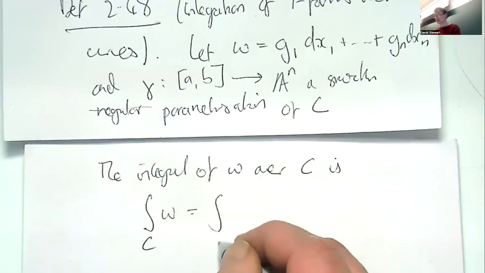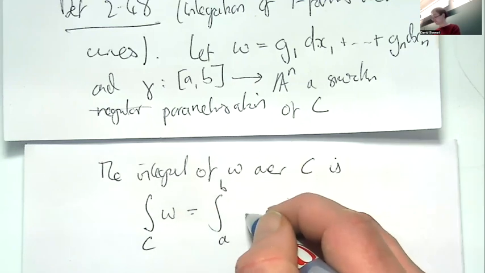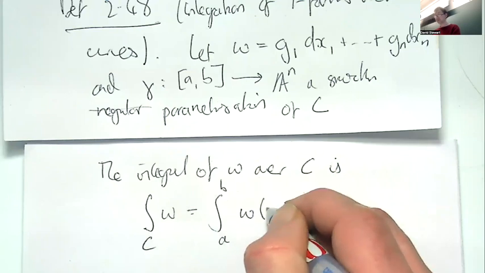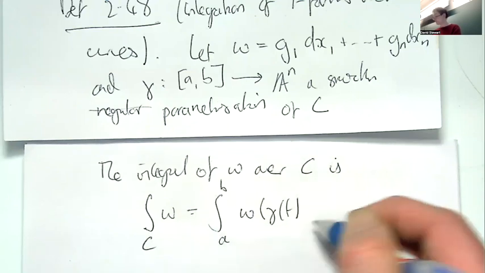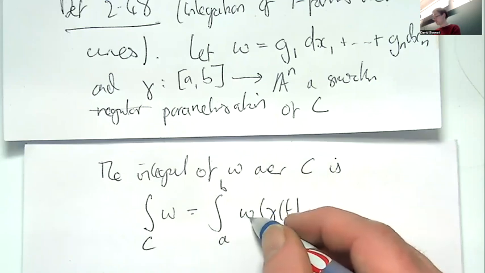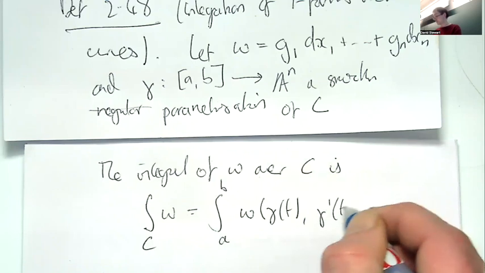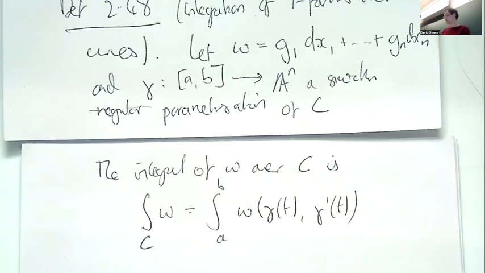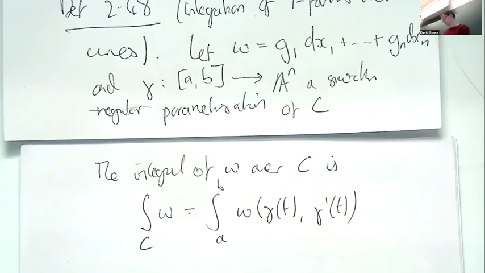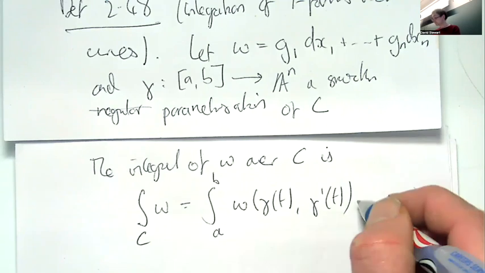And it's going to be this particular expression: the value of the one form at the point gamma of t, and what it gives you after application to the vector gamma dash of t.